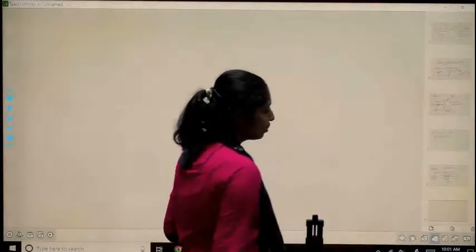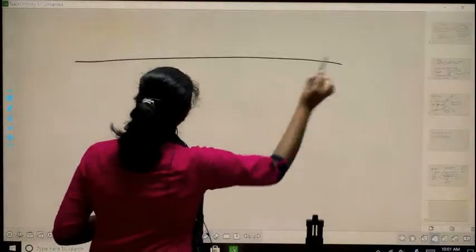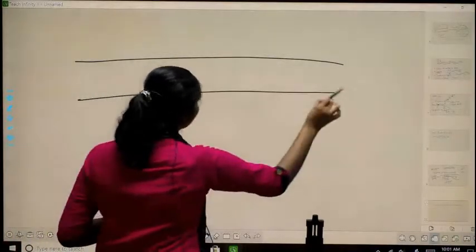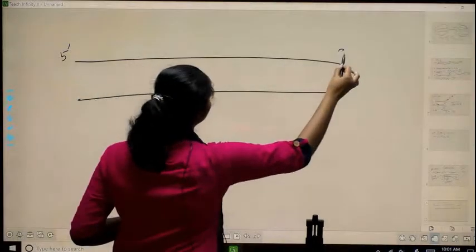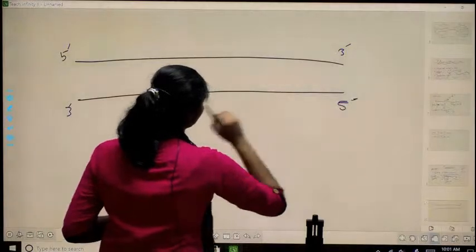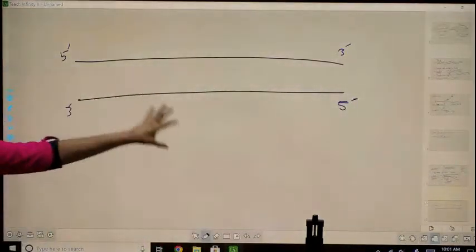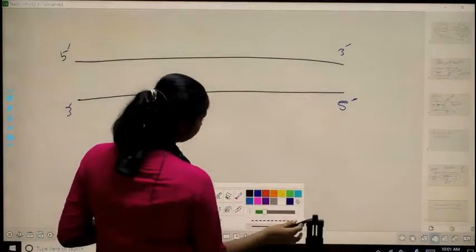Okay. So in the process of transcription, what all is required? We again require an enzyme and a template strand. Now the gene segment is divided into certain regions for the process of transcription.